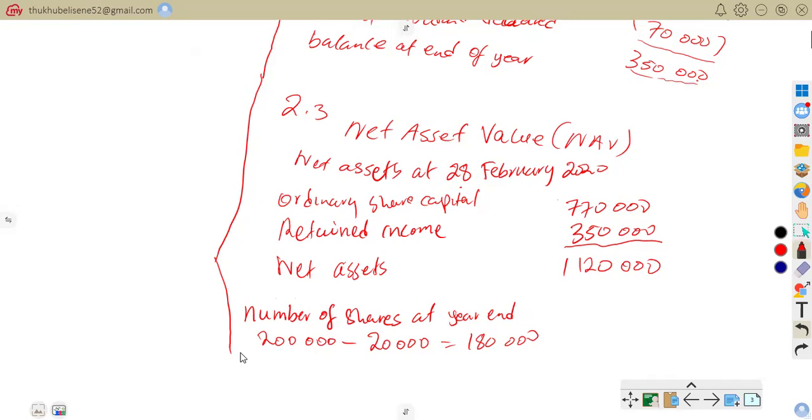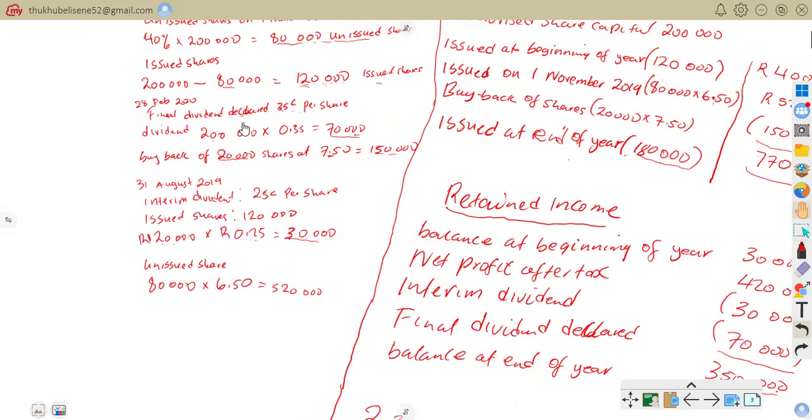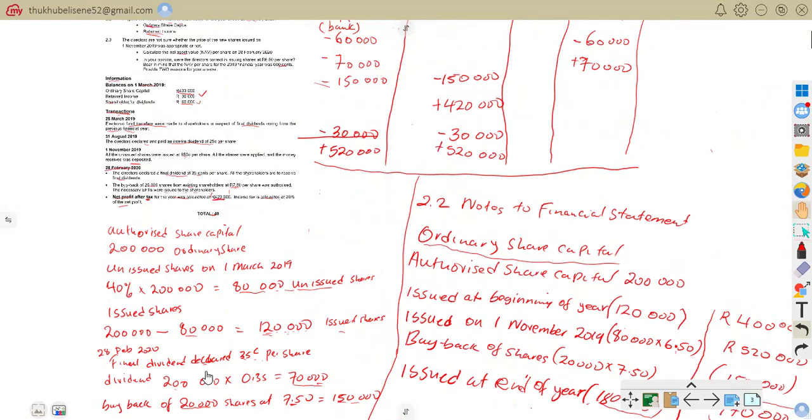So now we are to give the reason. If we can still remember, there was a question that we asked under 2.3.